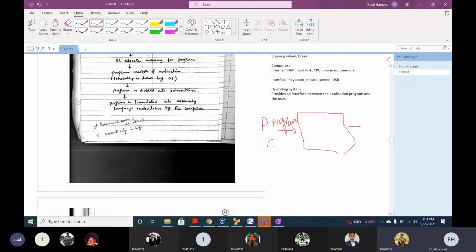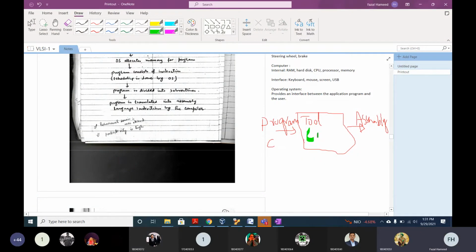There is a tool that transforms this C program into assembly level instructions and binary instructions. What is the name of that tool? A compiler maybe. Compiler, yes, very good.